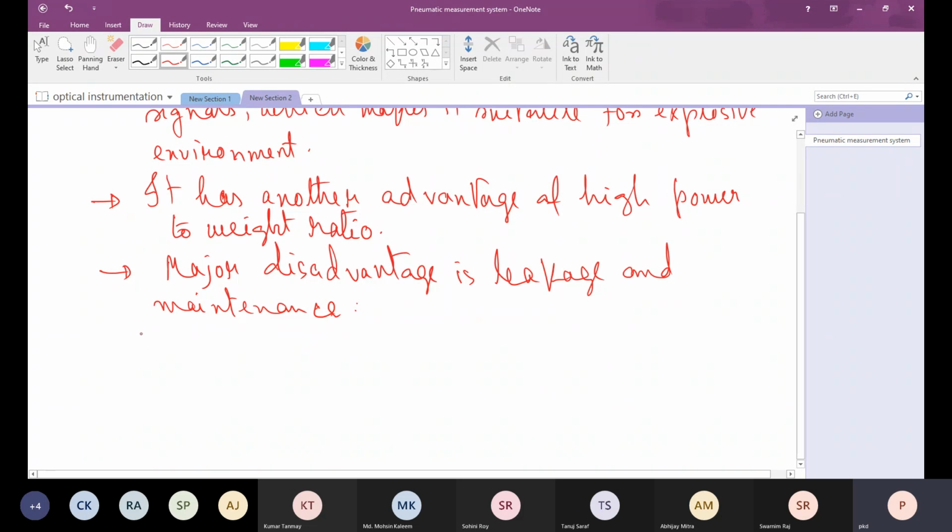Mostly oil is used as the transmitting medium, because water is conducting. If some low voltage electrical wires are running side by side, leakage can create problems. So that's why oil is used. Also, the high pressure ratio is more for oil. So these are some things about the pneumatic system.